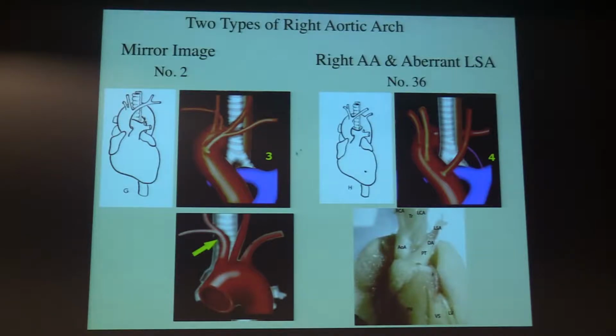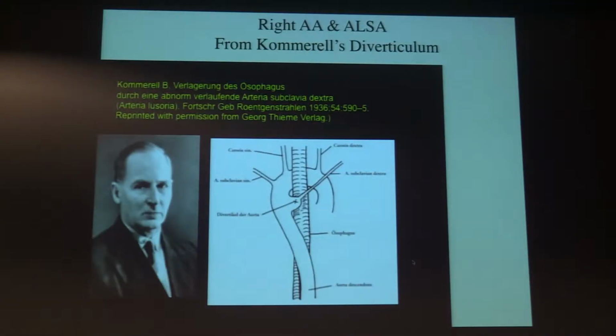This is the carotid and the subclavian here, and in this case you have an aberrant subclavian that is emerging behind the esophagus, from what's called the Kommerell diverticulum. Kommerell was a German physician who described it for the first time by X-ray. This is the place where the aberrant left subclavian artery is emerging.